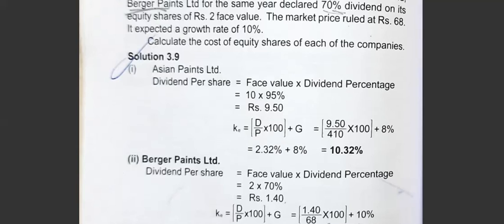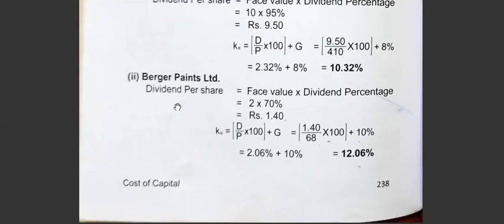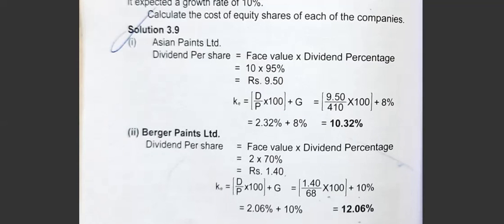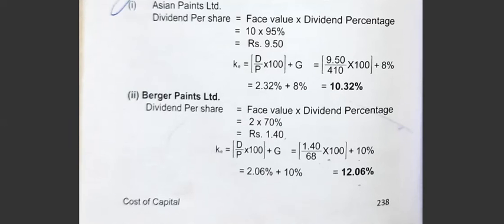Next we will go for Berger Paints Limited. You have to find out the dividend per share. Face value is 2 rupees. If you check the problem, it is 2 rupees per share. So 2 into 70%, it is 1.40.